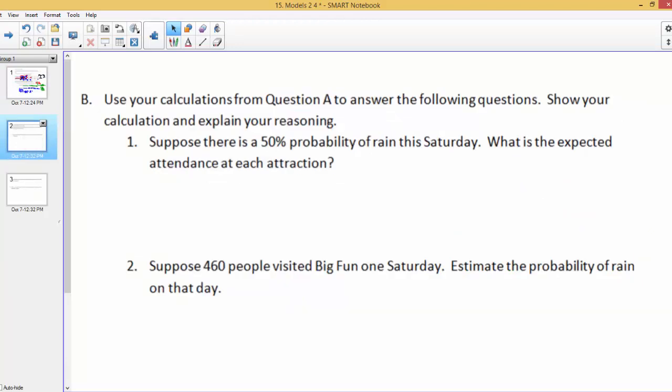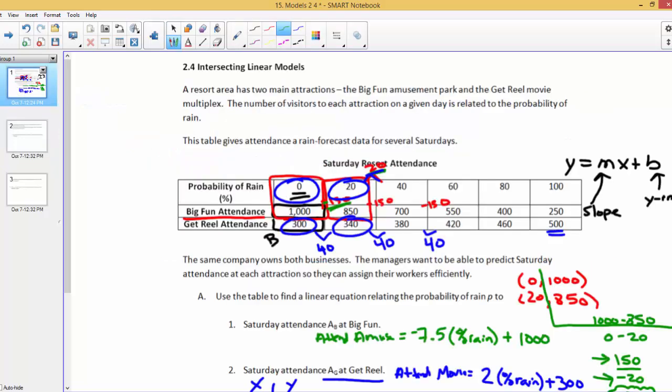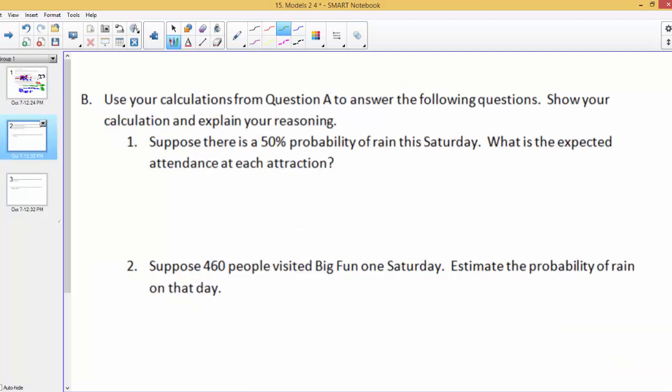Suppose there's a 50% probability, what is the expected attendance at each attraction? So let's rewrite these equations right here. So the first one was attendance equals negative 7.5 x plus 1,000. So this is the park.